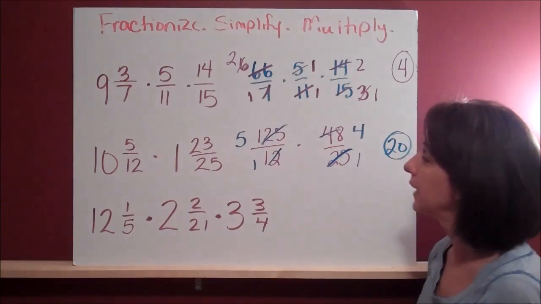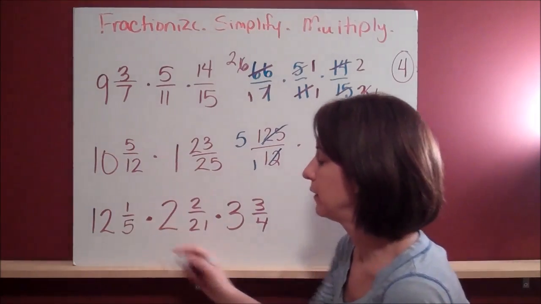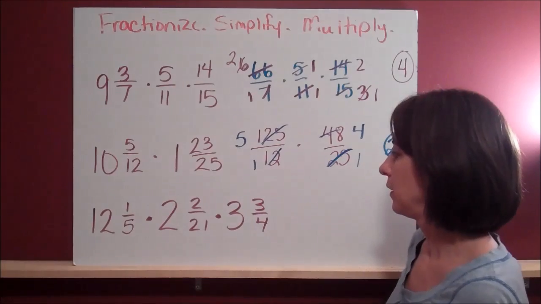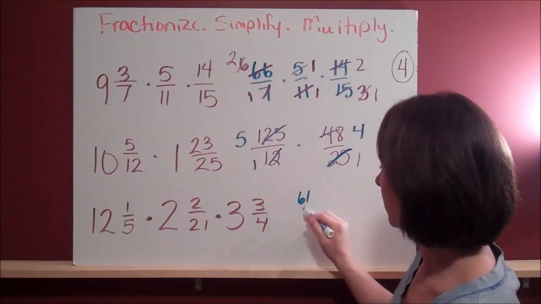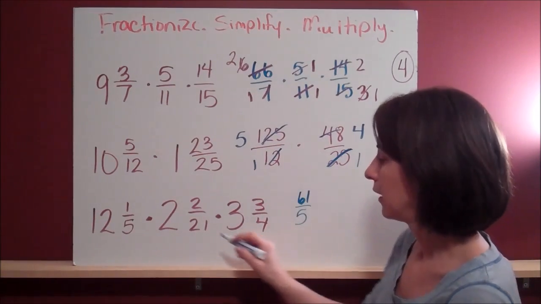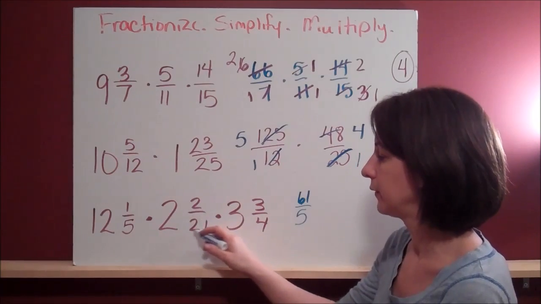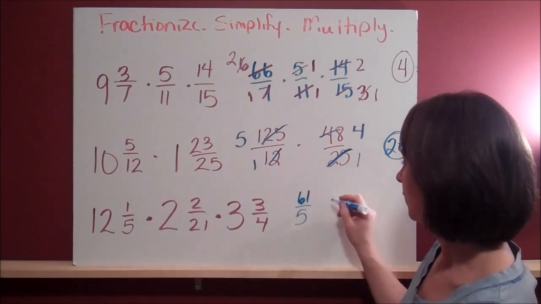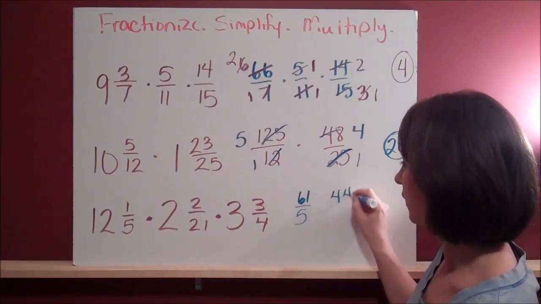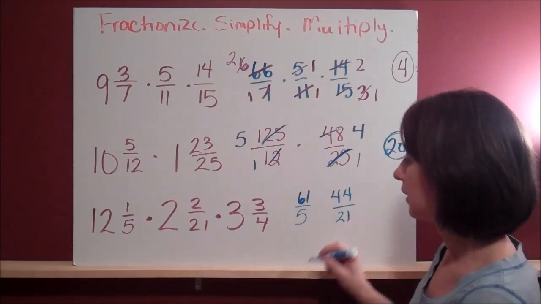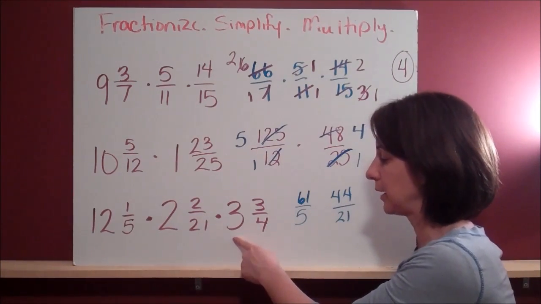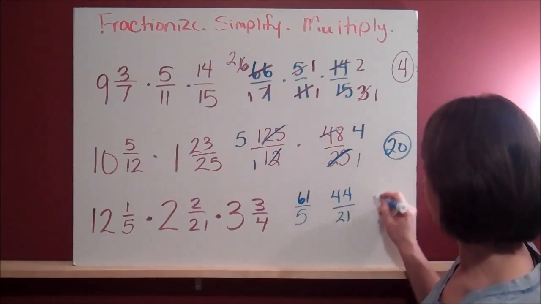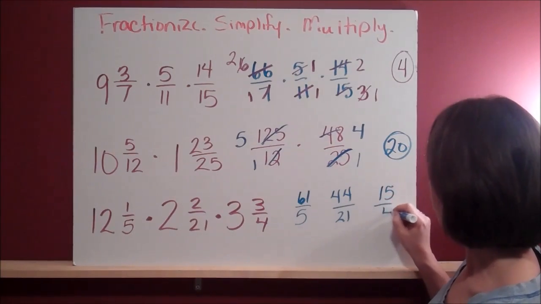All right, one more. Fractionize, simplify, multiply. 12 and 1/5, well, that equals 61 fifths. 2 and 2 21s, 42, 43, 44 21s. And 4 times 3 is 12, plus 3 is 15 fourths.